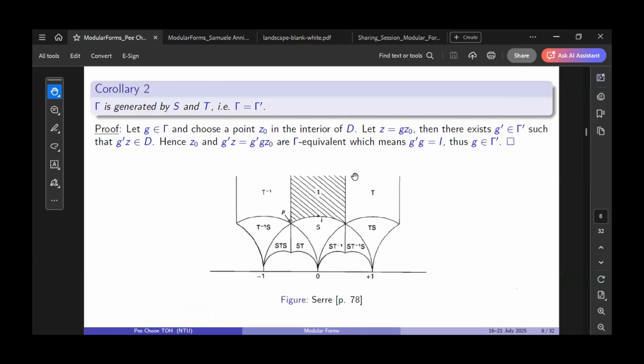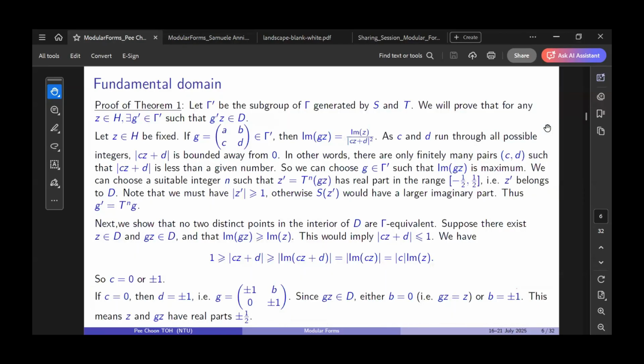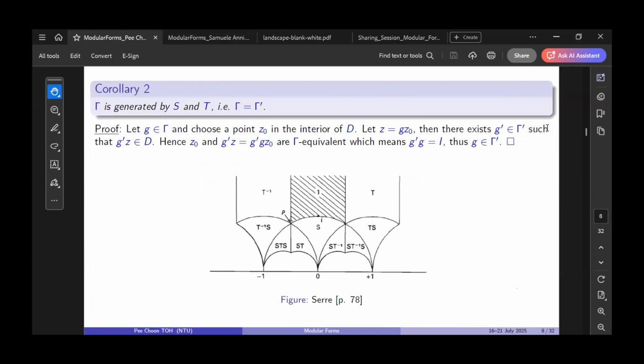Now this corollary too, we can prove that gamma, so gamma is this, right? SL2(Z) modulo plus or minus the identity, will be generated by S and T. Okay.